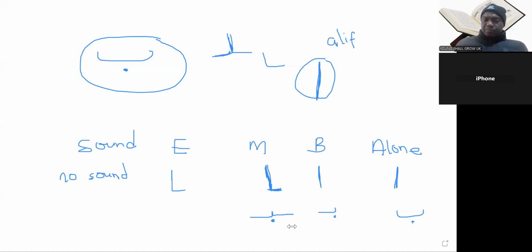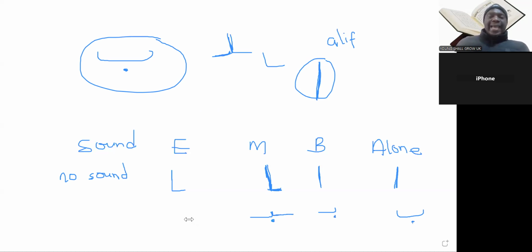Don't forget: ba on its own, ba at the beginning, ba in the middle. It means one letter is coming and ba is staying in the middle, and ba is also going to join another letter. That is what this one means. Don't get confused. It's still ba.